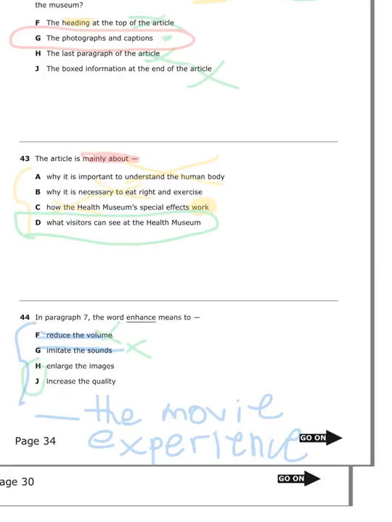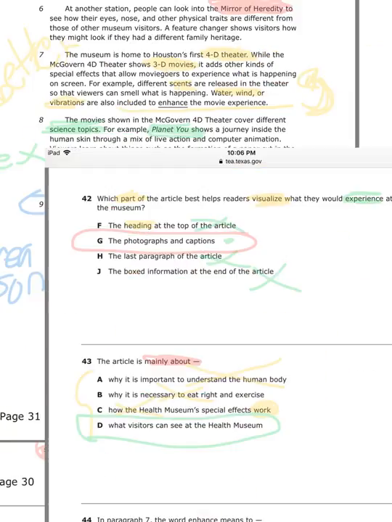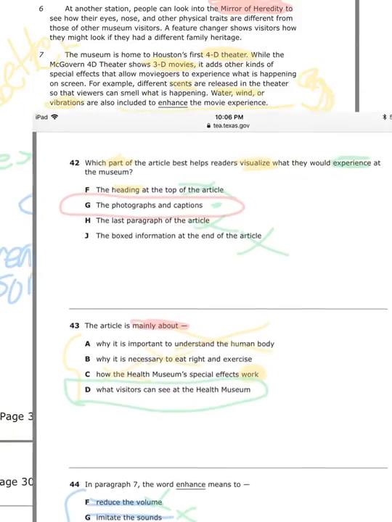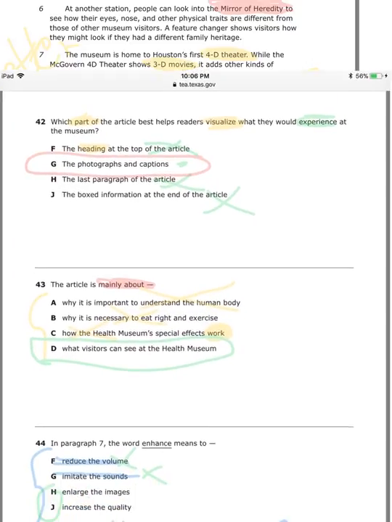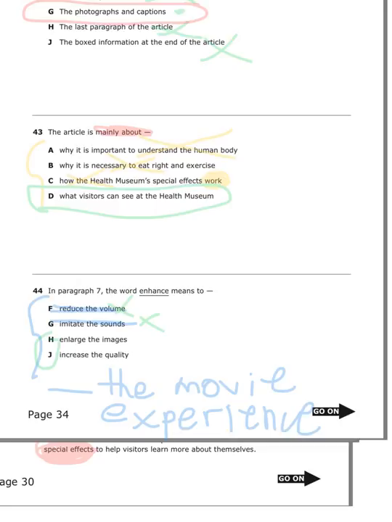Remember, that is what the sentence says. Water, wind, or vibrations are also included to enhance. Enlarge the images has nothing to do with it. So what is my correct answer? Increase the quality of the movie experience. Increase means more. Yes, increase the quality of the movie experience, so it will be even better.